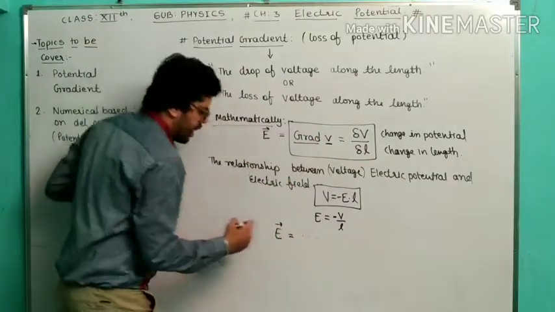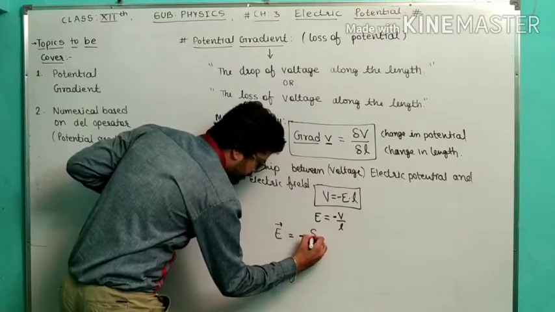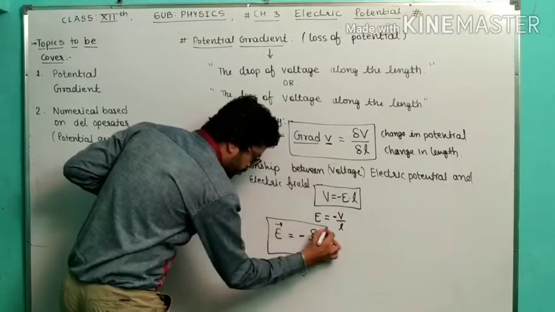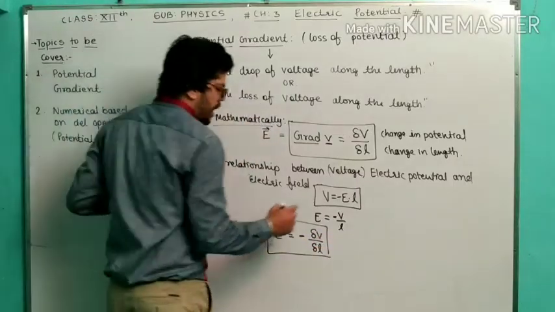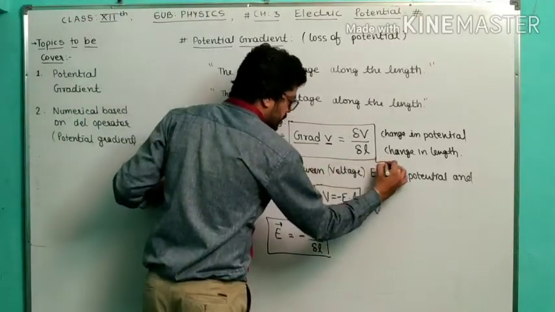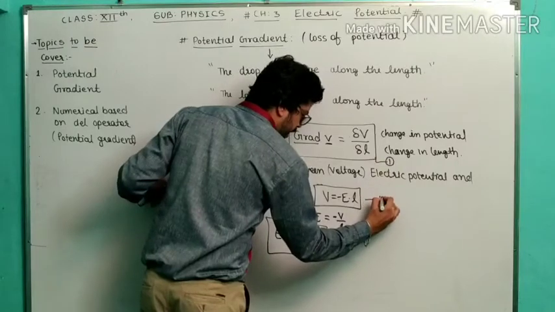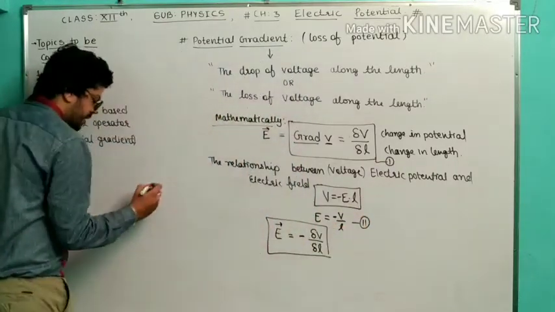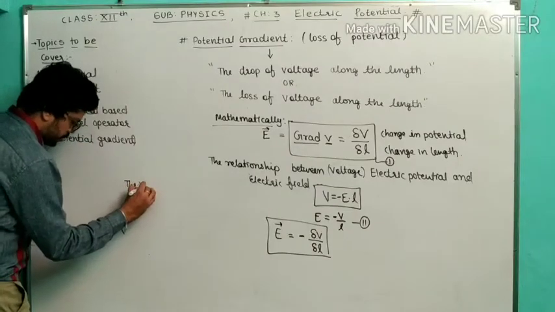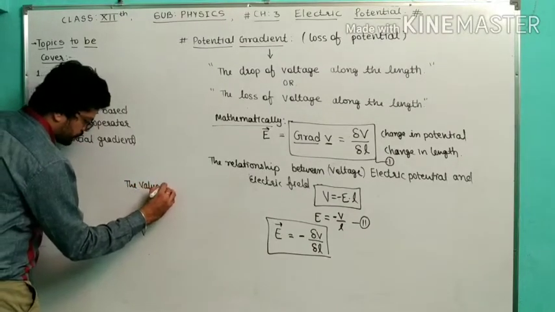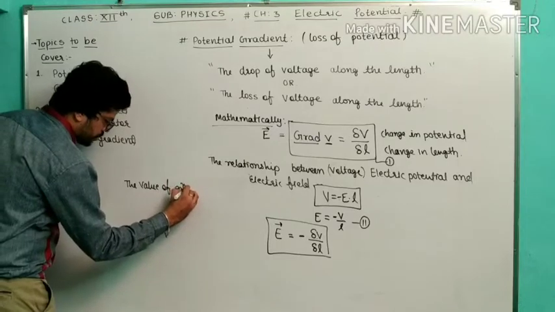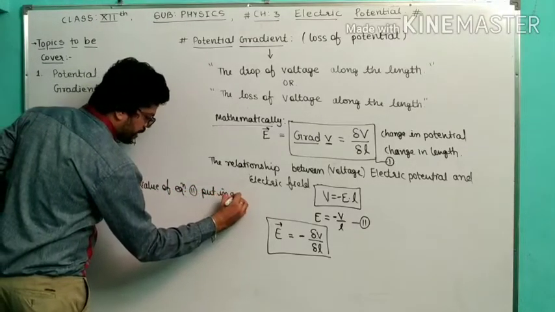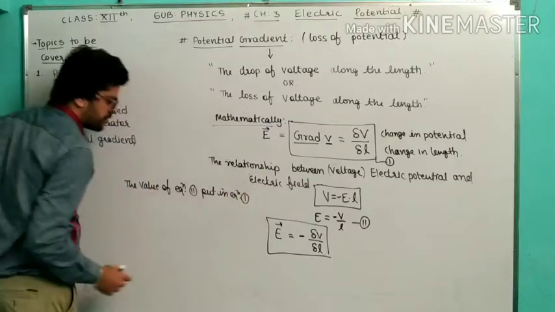Vector E is equal to minus del V upon del L. How do I use this particular thing? From equation first and equation number second, what I did here is I put the value of equation number second in equation number first.